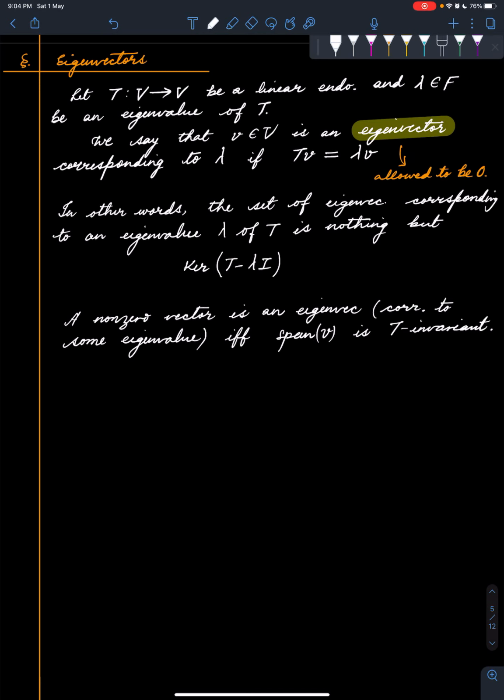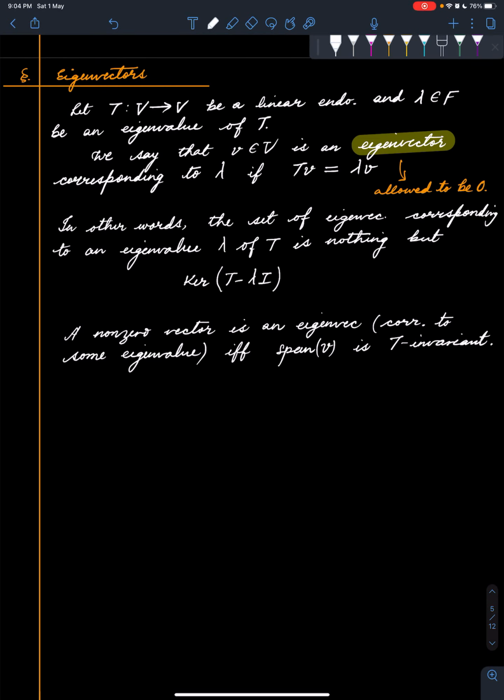Again, this is very easy to prove just by the definition of an eigenvector. So non-zero eigenvectors are precisely those vectors which span an invariant subspace.